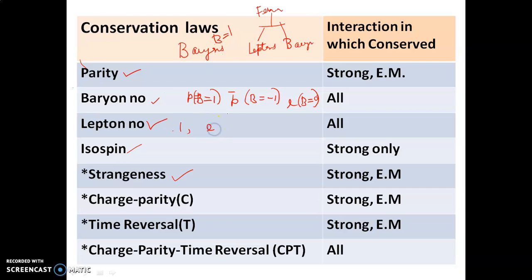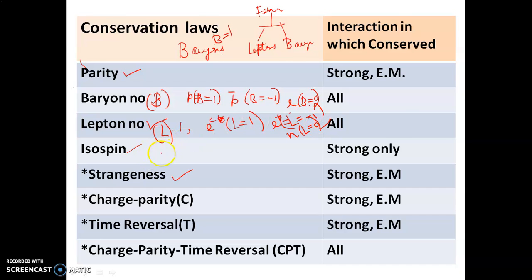I forgot to tell you that baryon number is denoted by B and lepton number by L. So for an electron, which is a particle, L is equal to 1, and for e plus, the positron, L is equal to -1. And what about a neutron? For a neutron L is equal to 0 because a neutron is not a lepton.